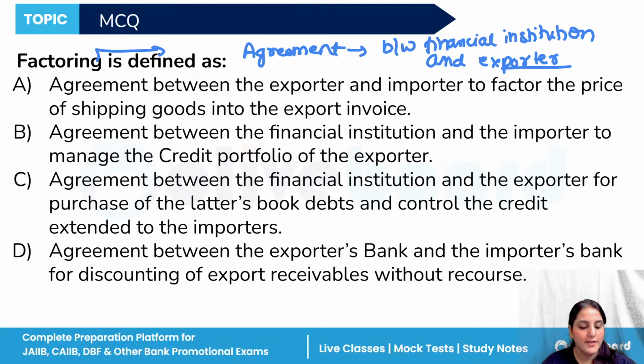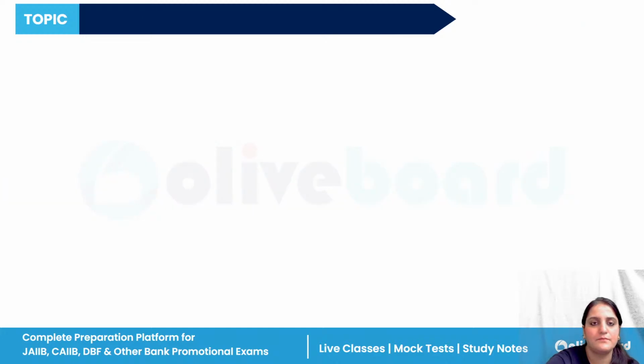So here the correct answer is option C. Agreement between the financial institution and the exporter for book debts and control of the credits. Option C is correct here.